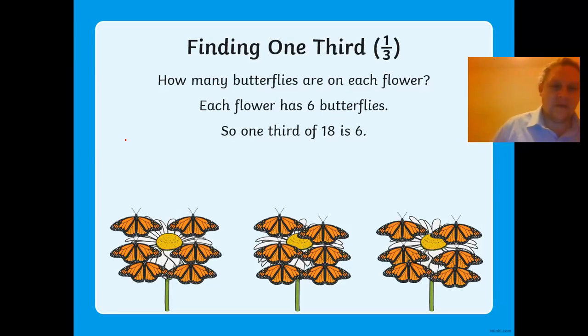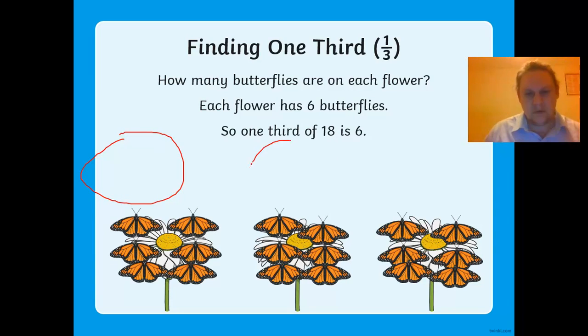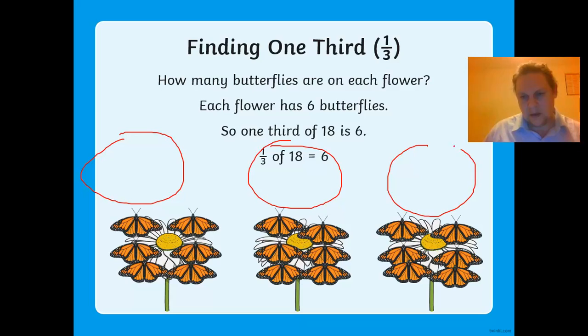And again, we talked about that method where we draw the circles. Okay, this is how we can do it in our books. We've got our 18, and you could write them all out. I won't do it because it does take a bit of time. Once you've got your 18, you can just cross them off as you go. Okay, I know that's not 18, but I'm just giving you an example.